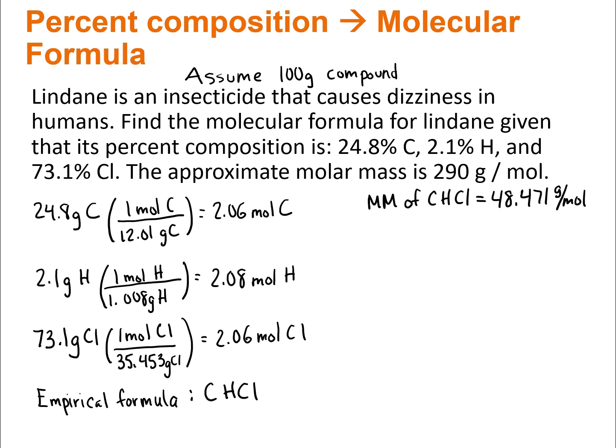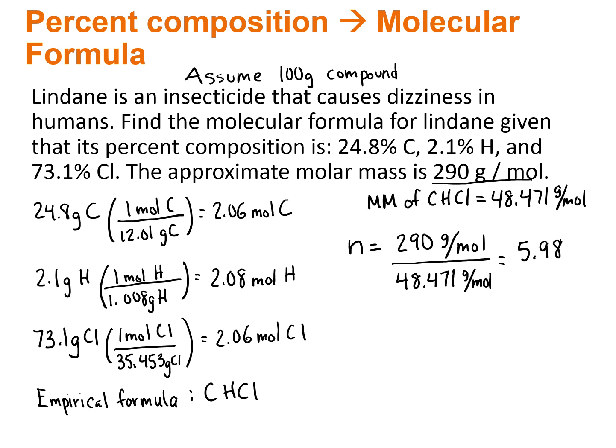We have to find N. We take the molar mass that we're given in the problem for the compound, and that's 290 grams per mole. We divide that by the molar mass of the empirical formula. When you put that into your calculator, you get 5.98.